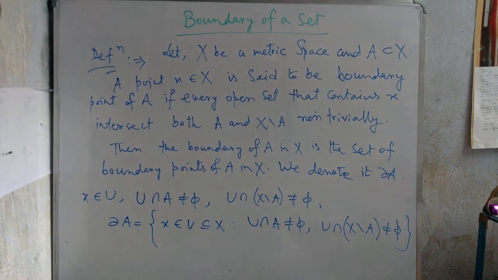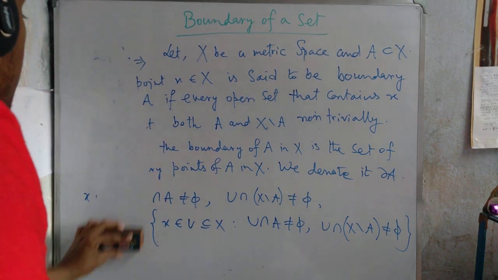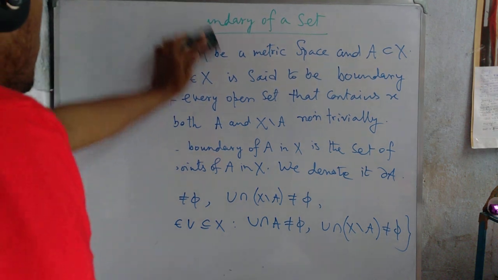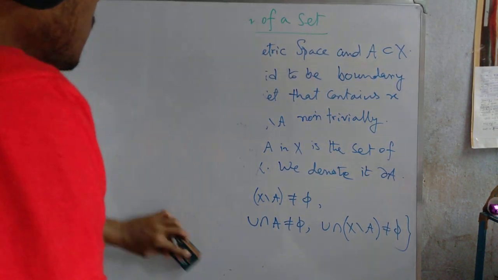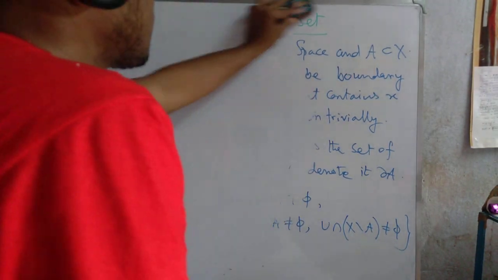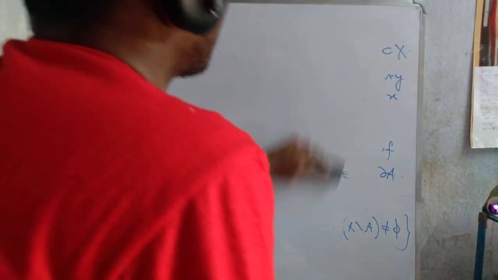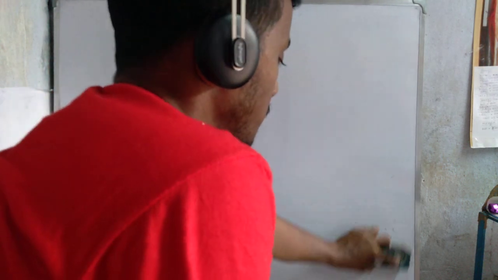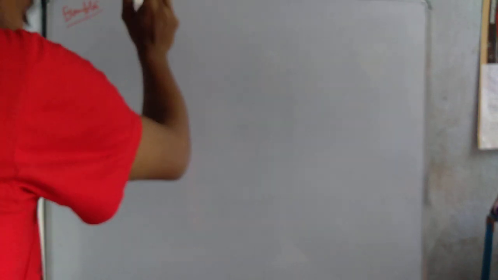Now we are going to further discuss some examples of boundary points. We erase that portion, and obviously we are going to look at some sets and their boundaries. We start from some familiar examples. We first consider A1 equal to the open interval (a, b].